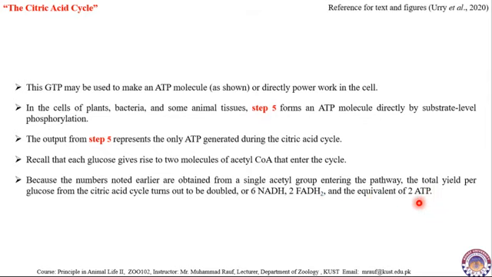Now remember that because we are considering the complete breakdown of a single glucose molecule, that single glucose molecule ends into 2 pyruvate molecules, and then these 2 pyruvate molecules enter into 2 Krebs cycles. So the total sum is this. If you are considering a single pyruvate molecule, then it produces 3 NADH, 1 FADH2 and 1 ATP.